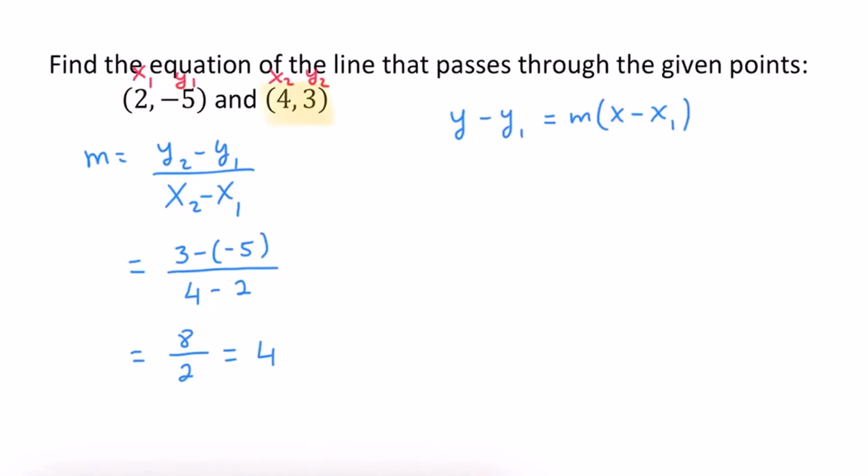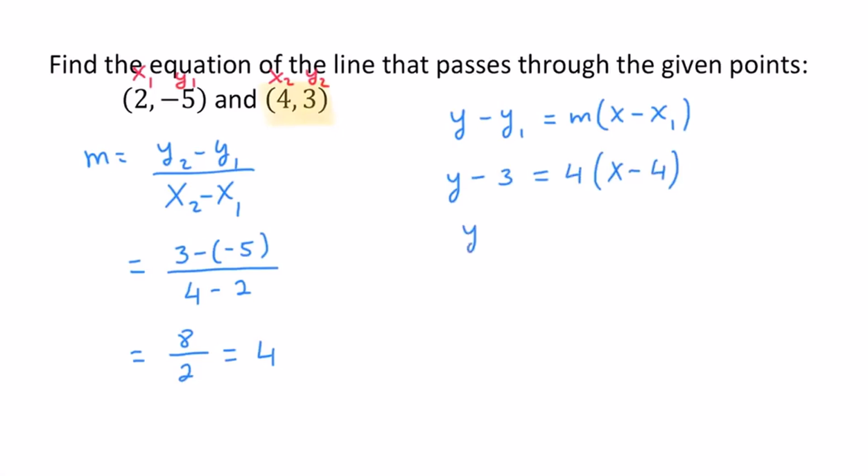So we have y minus y1, so that is 3, is equal to the slope. So we have 4 times x minus x1, so that is 4.